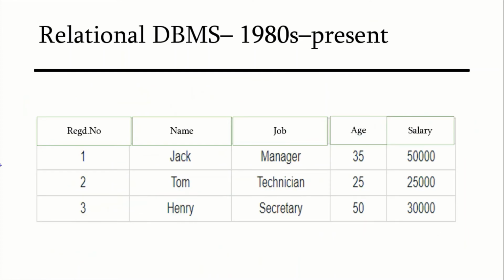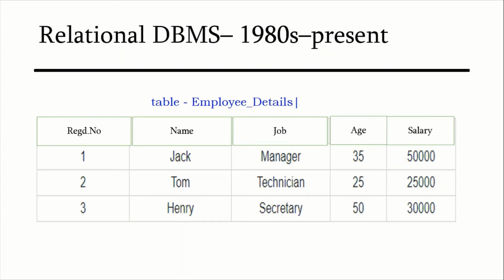This is an example table where these are the registration numbers of employees and the name of an employee, then job, age and salary. It is a table, right? And we can give a name to this table, employee details.